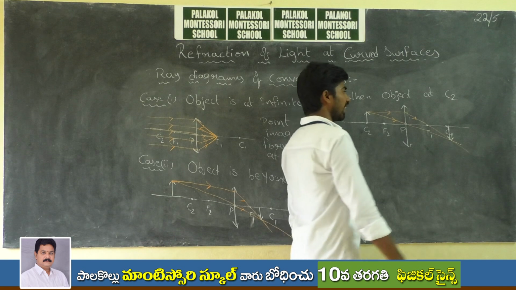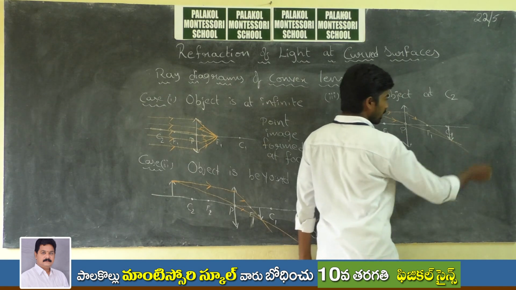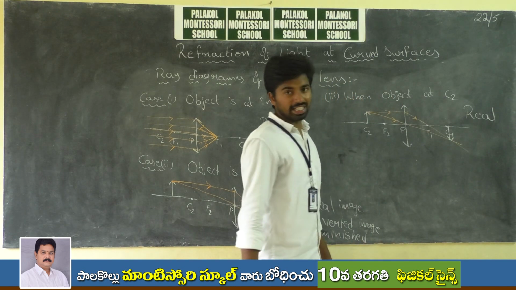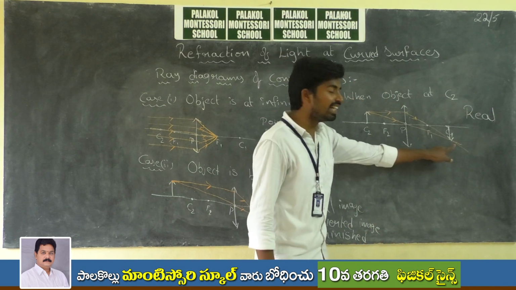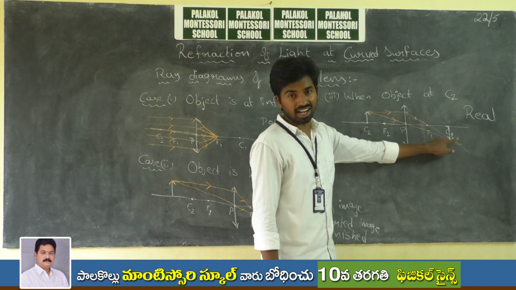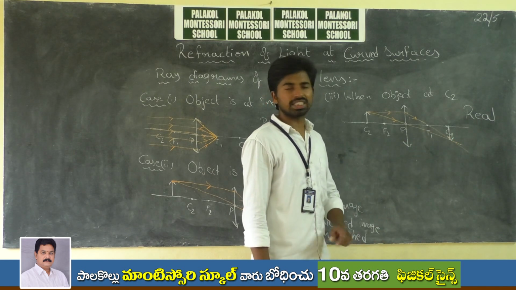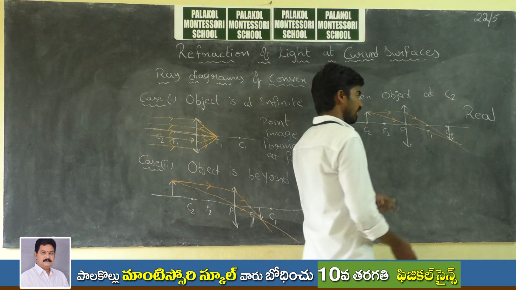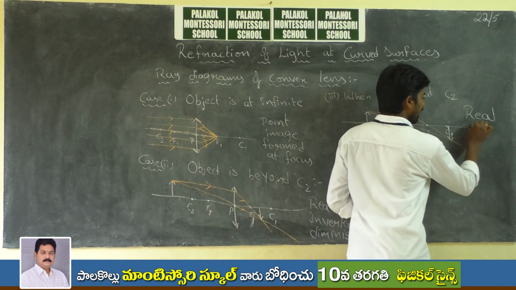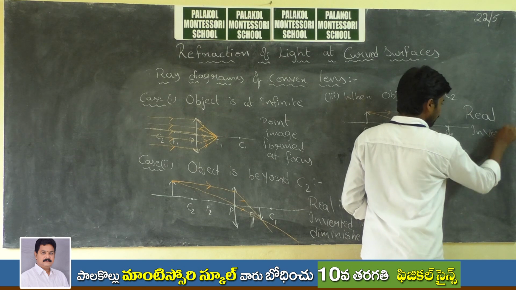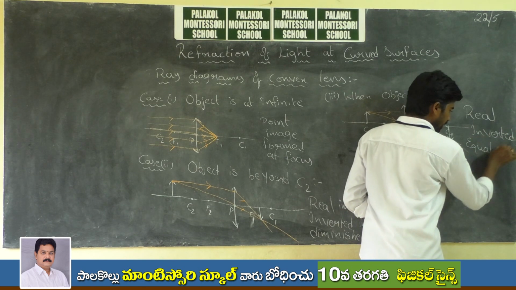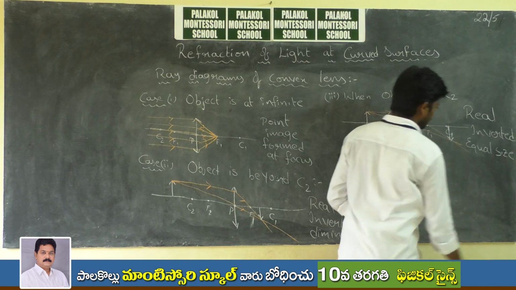It is a real image, which means the light rays are really intersected here. That's why you can capture that image on the screen. So here the image is real, inverted, and equal in size to the object.